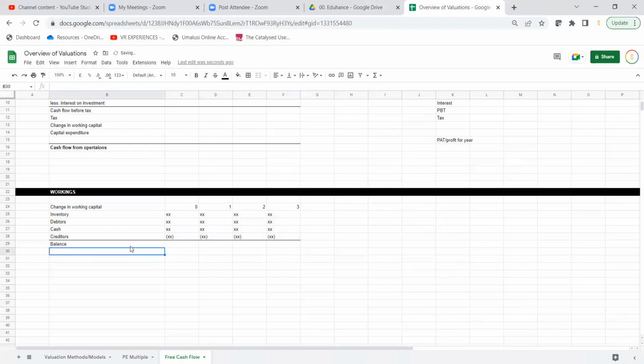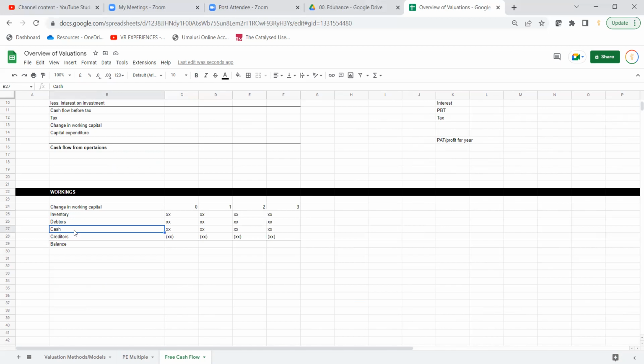That's very important. Just take note, you will only include cash if they tell you cash is operational. So typically you'll have a cash balance, and they'll tell you 3% or 5% of the cash balance is used for operations. If they don't tell you that, you assume cash is non-operational.